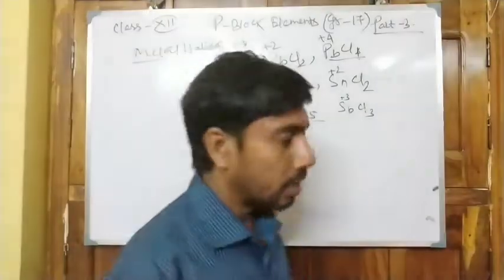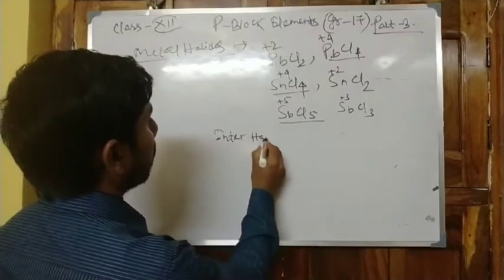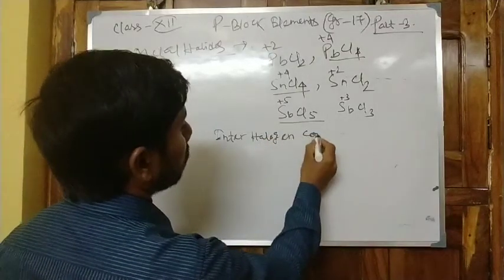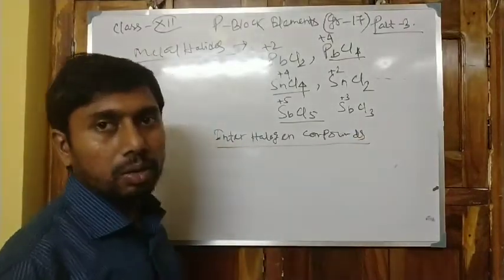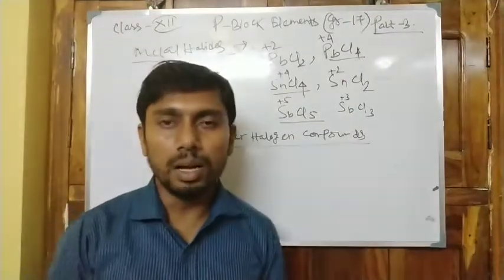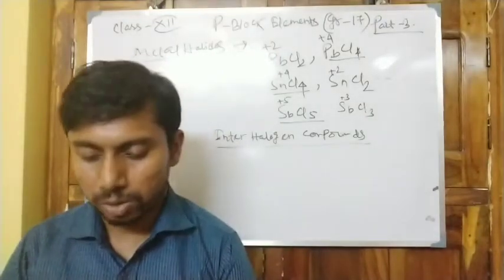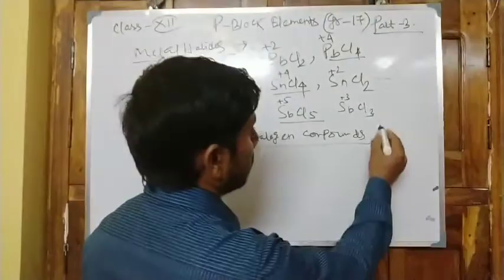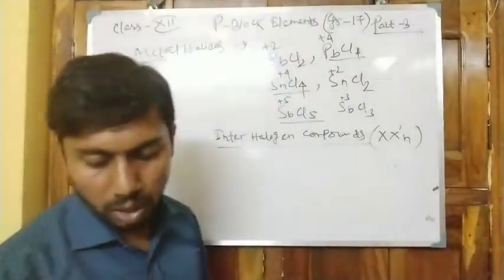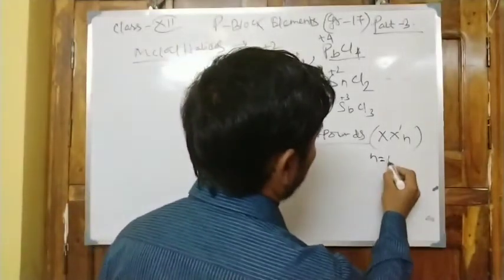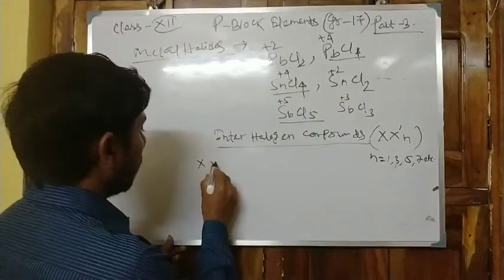Next one, interhalogen compounds. From the name, when a halogen atom forms a bond with another halogen atom, it is known as an interhalogen compound. It is represented as XX' n, where n may be 1, 3, 5, 7.